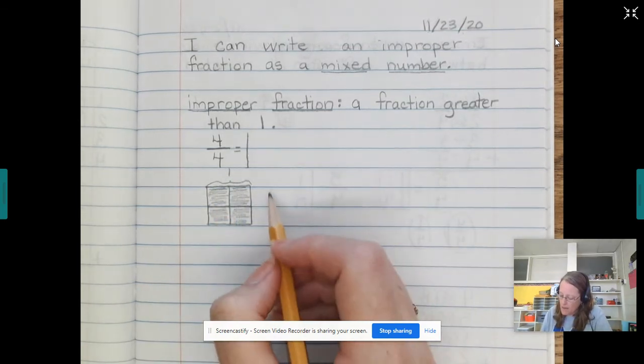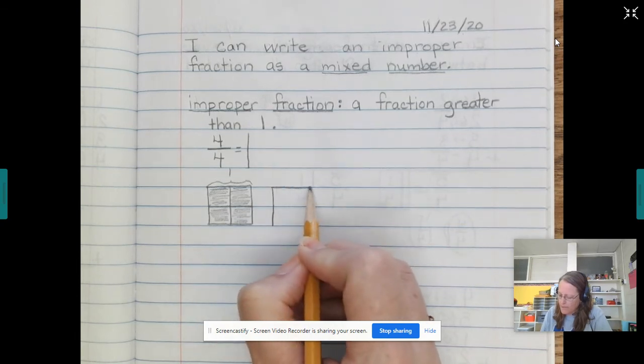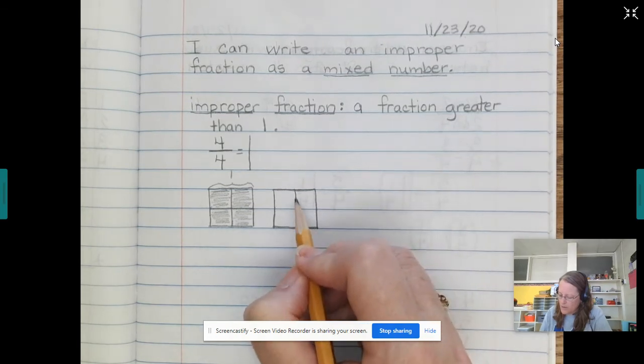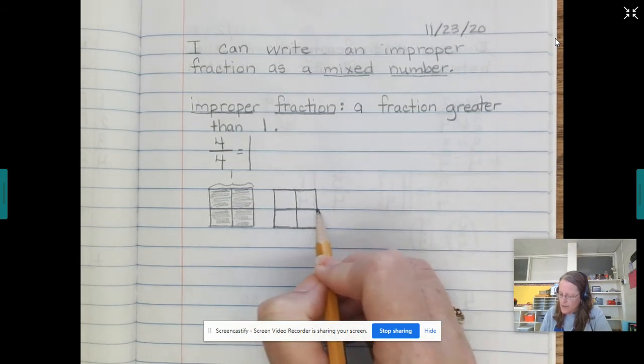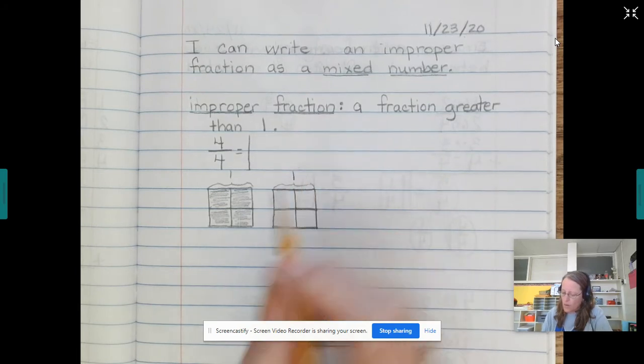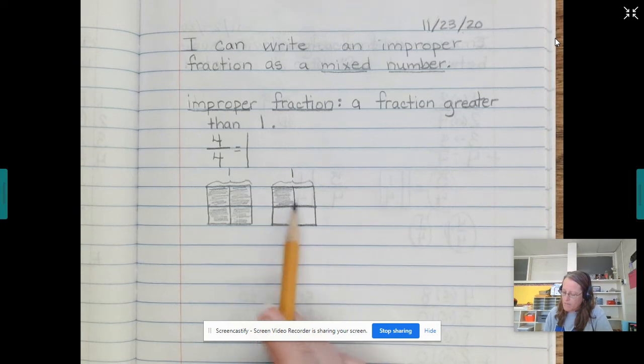Okay, well, what if I draw another fraction model that is also divided into fourths. This also represents 1 whole. And I shade in 3 of these fourths.